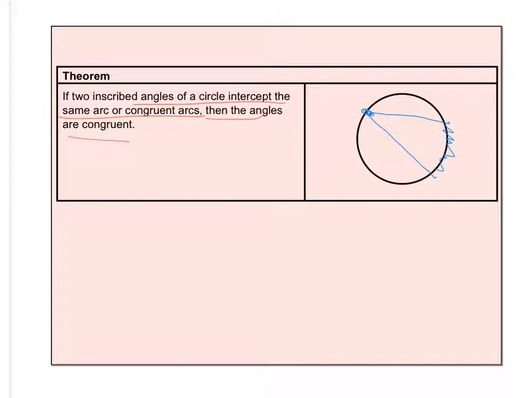What if I've got an angle down here, but it matches up, so it hits that point. If they intercept the same arc, then they're going to be congruent to each other. That's the big punchline. So those two angle measures are going to be congruent.